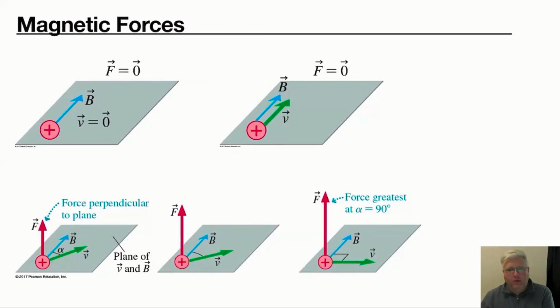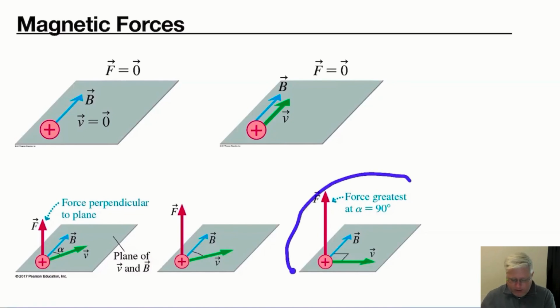Okay, so the charge or the current has to move in some direction that's not parallel. There has to be some portion of it that's perpendicular, right? And we can see this with the right-hand rule. So in this image here, if we have the charge moving perfectly perpendicular to the magnetic field, we get the most amount of force, right?